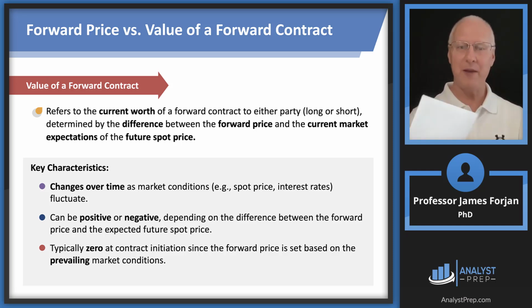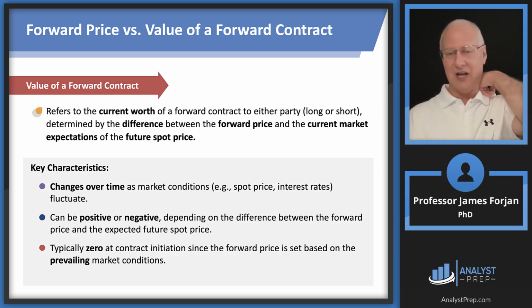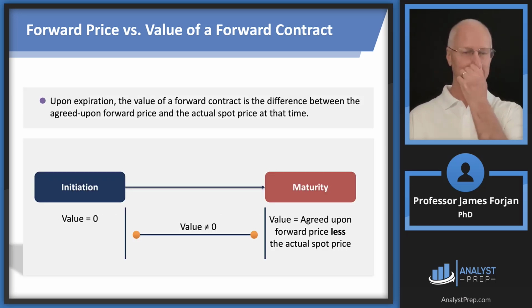If you hold this piece of paper and the spot price of that grapefruit is $3, you are so happy. You're prideful, right? You have a sense of pride that you signed that contract. Me, I'm so depressed, right, that I have to sell you that grapefruit for just $1.20. So I have regret. So positivity and negativity have everything to do with your feelings or my feelings of pride or regret in signing that contract.